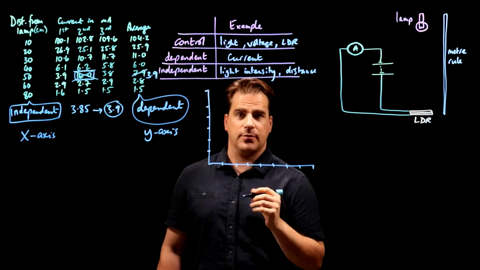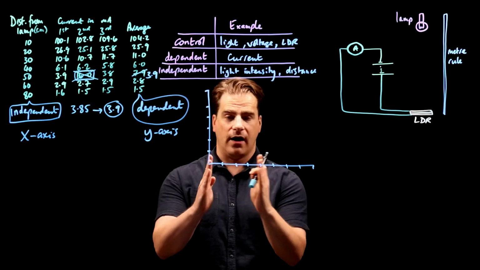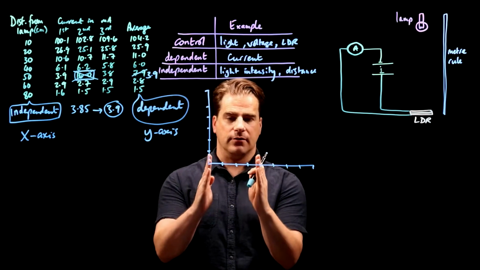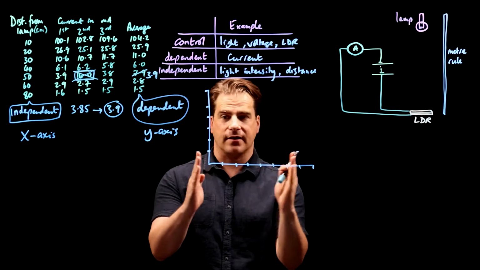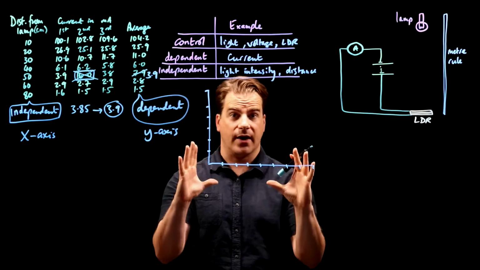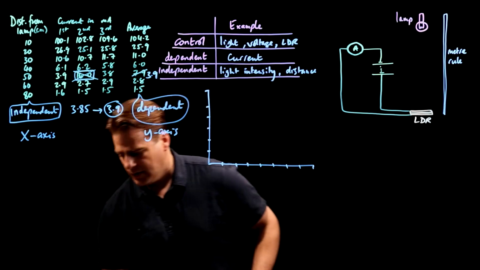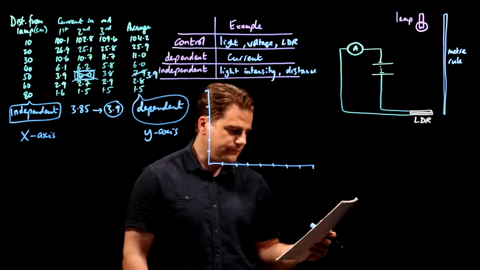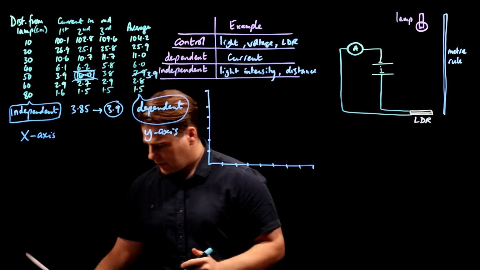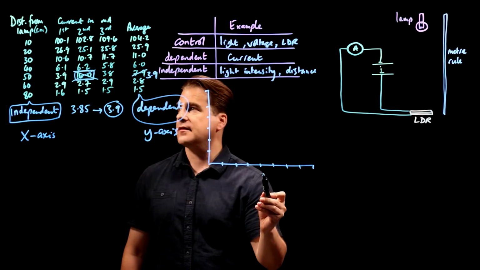To get full marks for plotting a graph, you have to fill at least, or more than half of the available graph paper, okay? So at least 4 on the x-axis and at least 3 on the y-axis. Try and get it to fill as much of the graph as you can. You also have to label the axes and give the unit. So, what should we do next? So let's do the x-axis first.